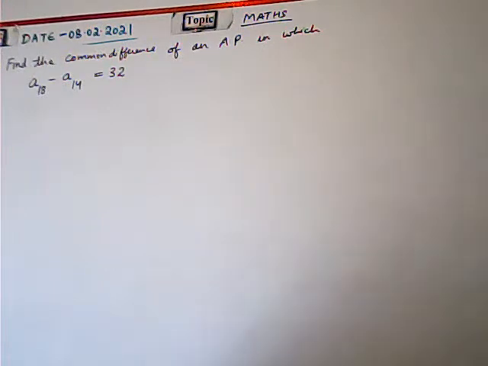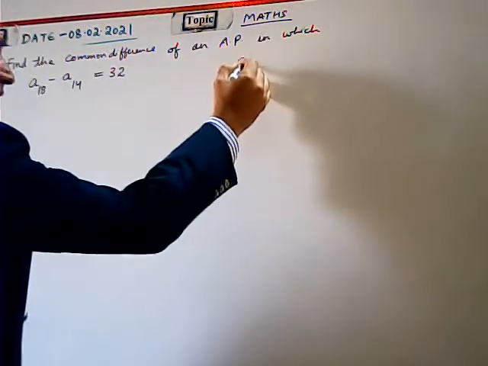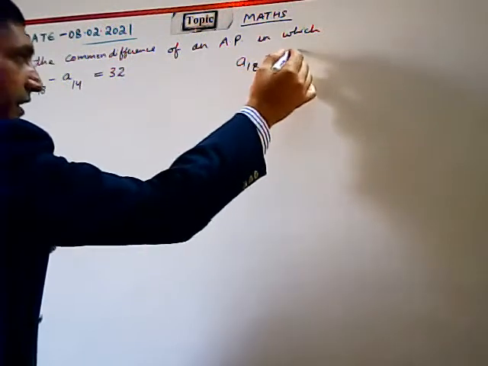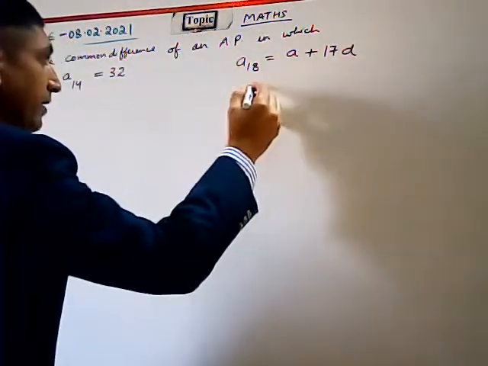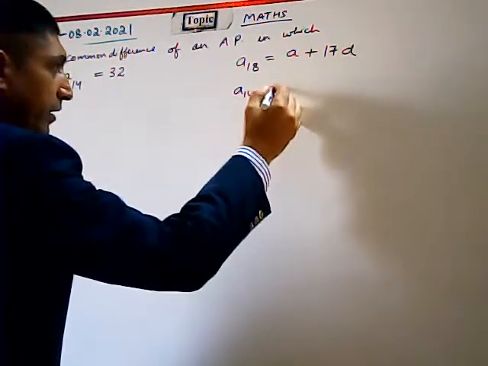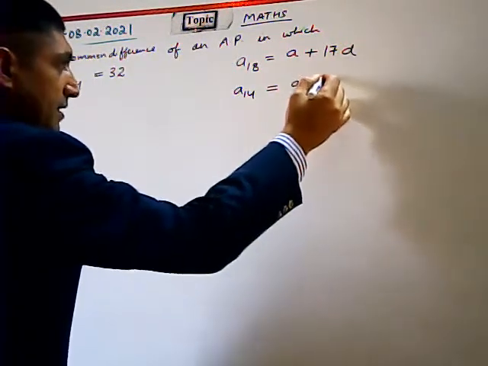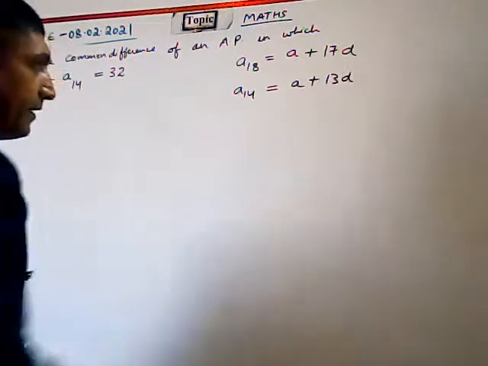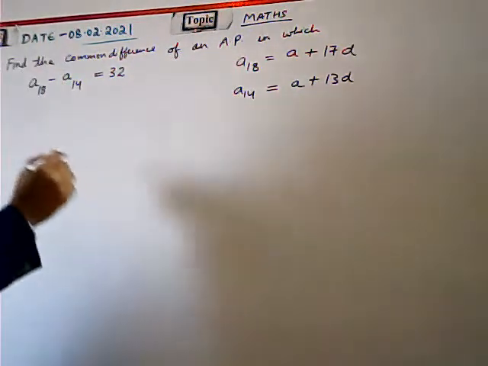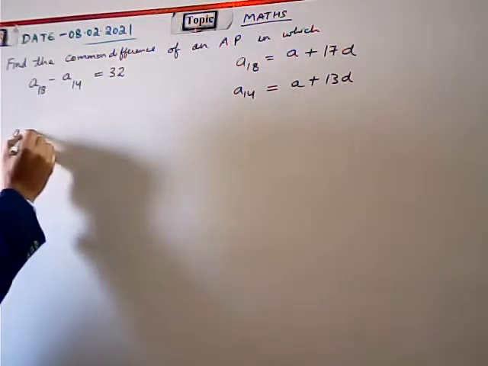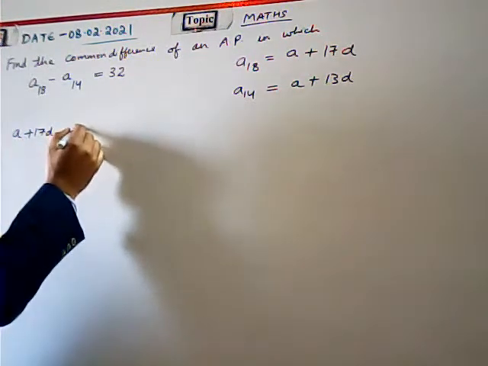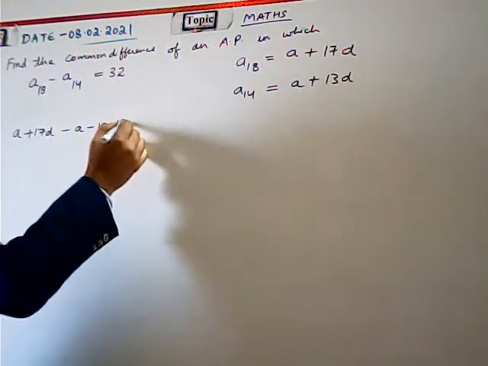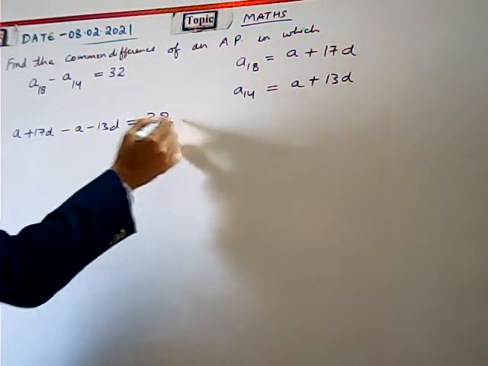Right? So we know what is A18. A18 is equal to A plus 17D and A14 is A plus 13D. So when we subtract, that is A plus 17D minus A minus 13D is equal to 32 here.